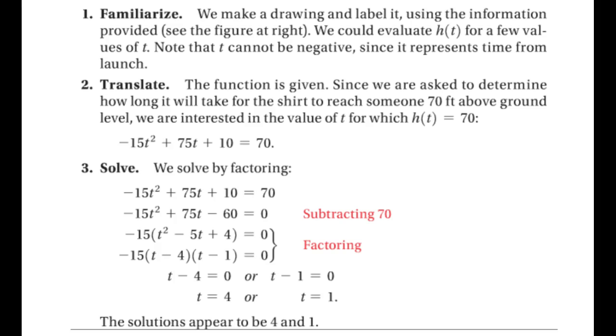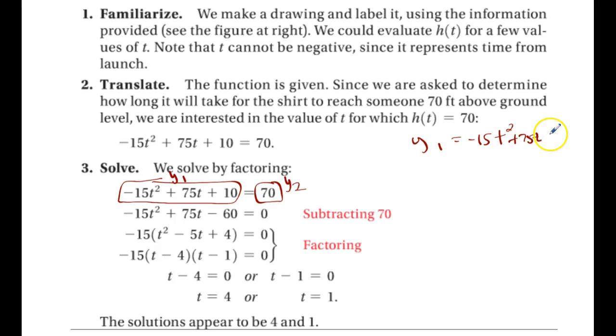So again, you should be able to graph this in your calculator by maybe letting this be your y sub 1 function and letting this be your y sub 2 function. Or another way to do this would be to go into your y sub 1 and set it equal to 0 by graphing negative 15t squared plus 75t minus 60, if you just subtract off 70 from both sides.